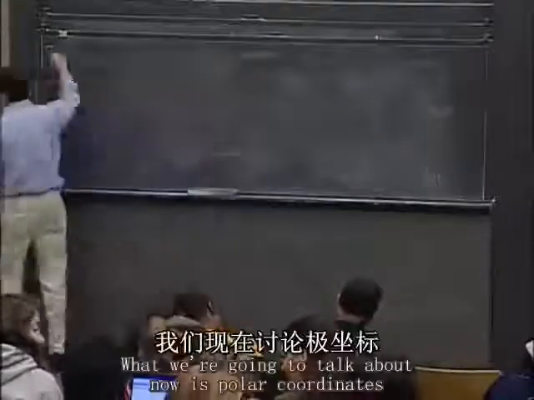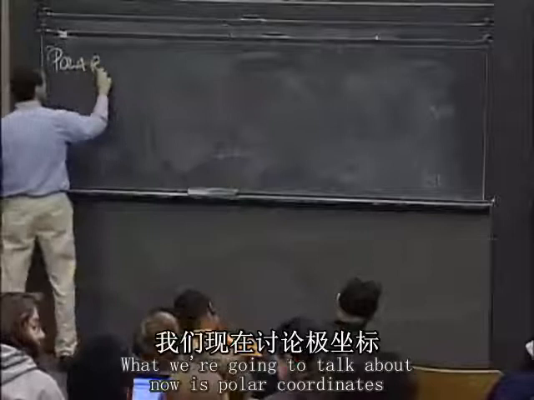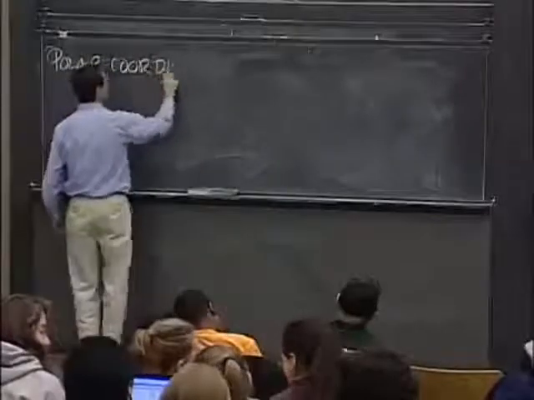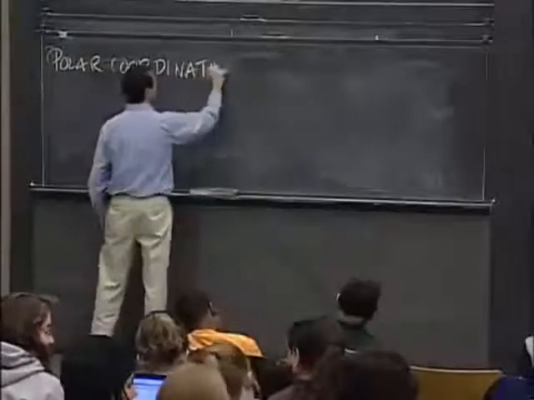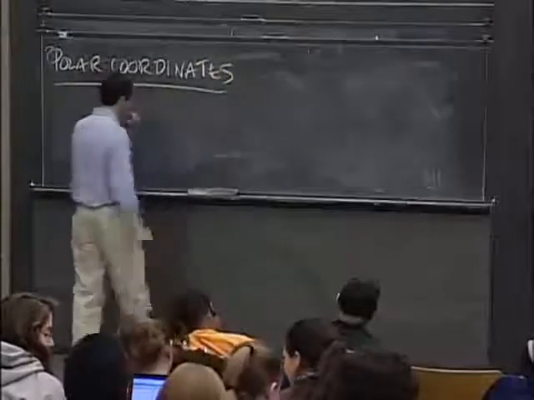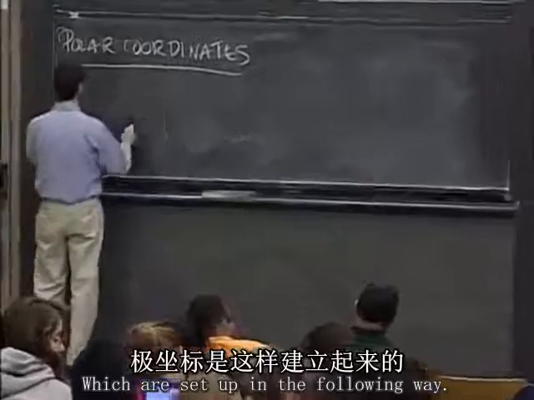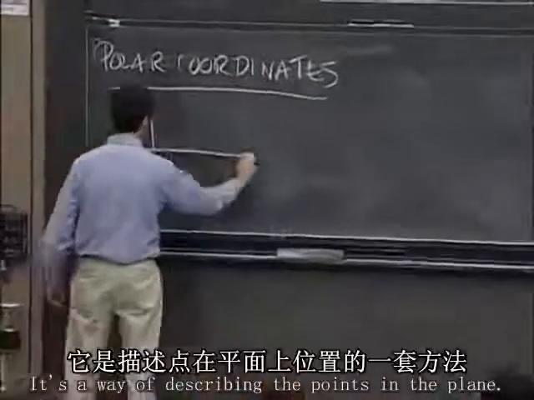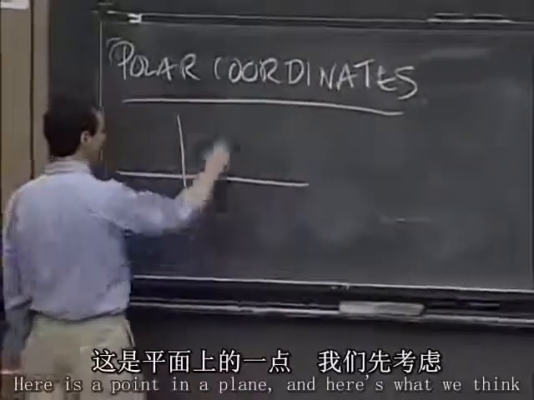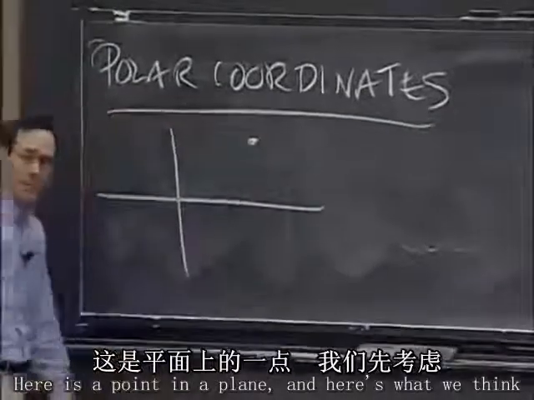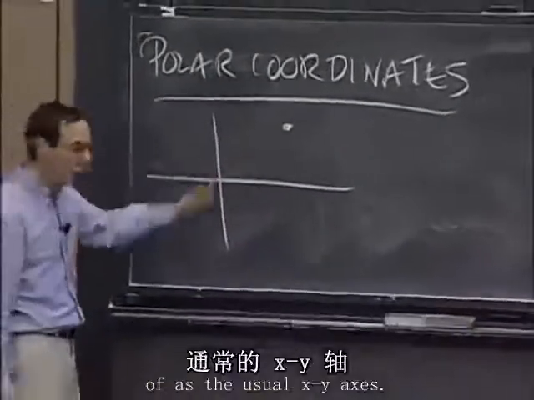All right, what we're going to talk about now is polar coordinates. Which are set up in the following way. It's a way of describing the points in the plane. Here's a point in the plane, and here's what we think of as the usual xy axes.